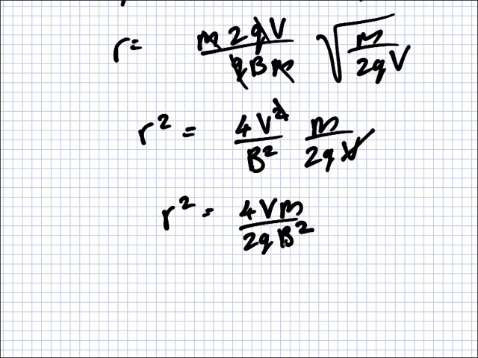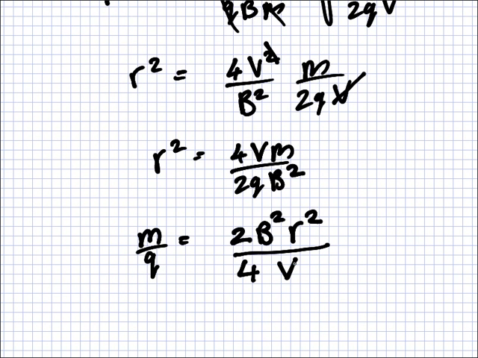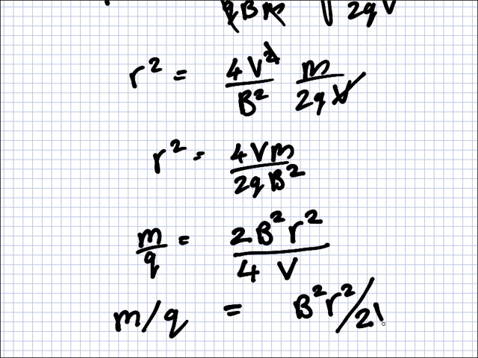Okay. If I rearrange this, I can get M over Q equals 2B squared R squared over 4V. So I can get M over Q equals B squared R squared over 2V.